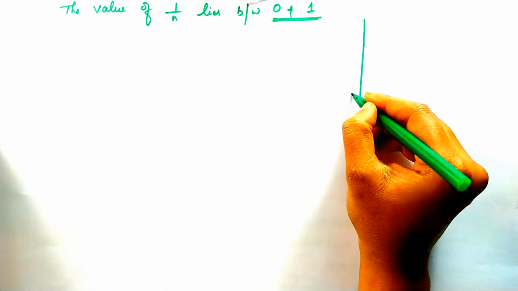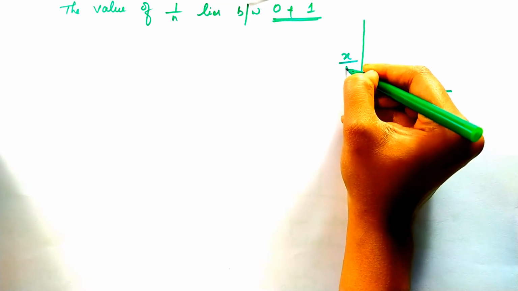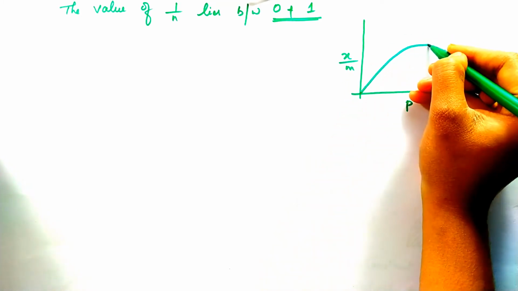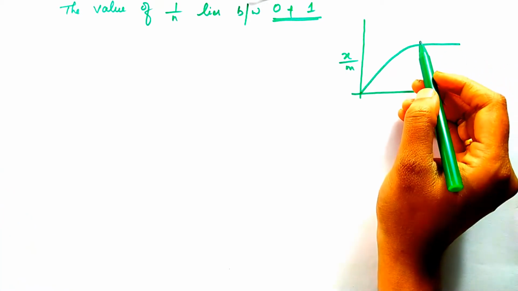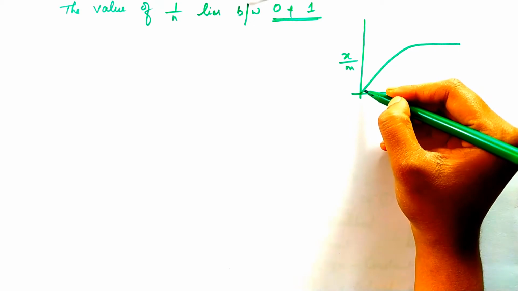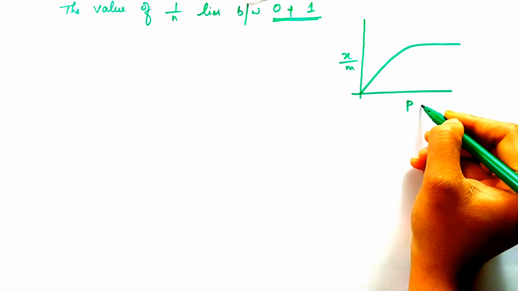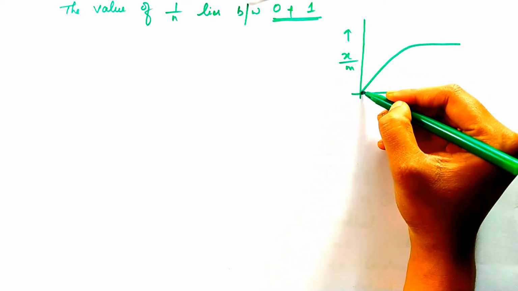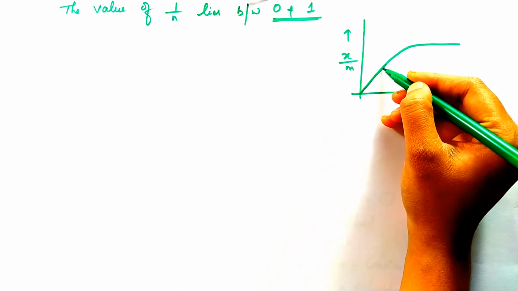Again, I am drawing the graph, that is x/m versus pressure. By using this graph, let us know the value of 1/n. You can observe this graph. As the pressure increases, x/m, the extent of adsorption, increases in a straight line.